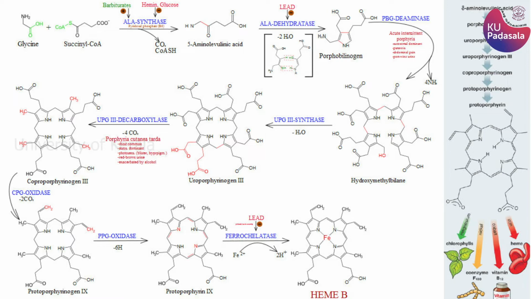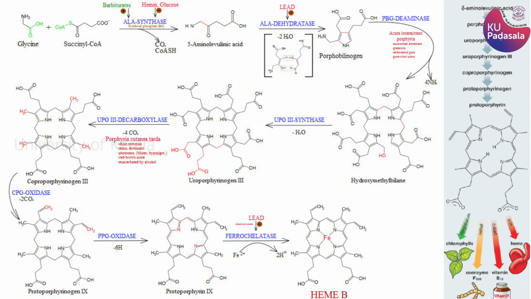Finally it ends up with protoporphyrinogen 9, which is converted to protoporphyrin 9, which after metallation with the help of the enzyme ferrochelatase forms heme B, which, as you know, contributes to the production of hemoglobin.